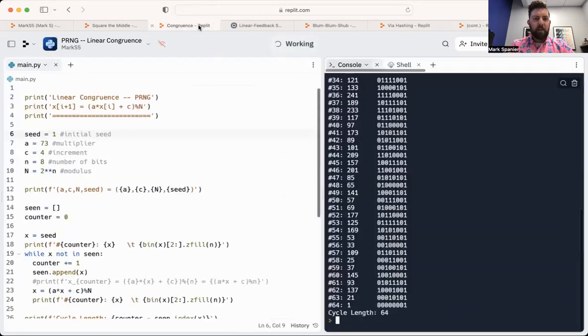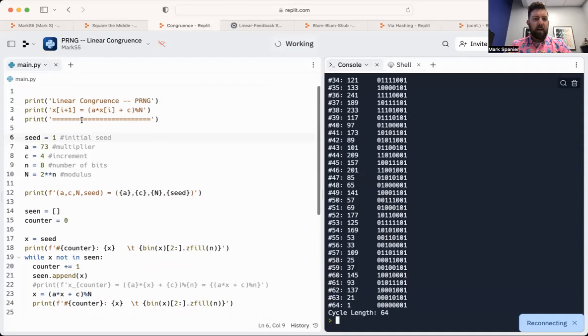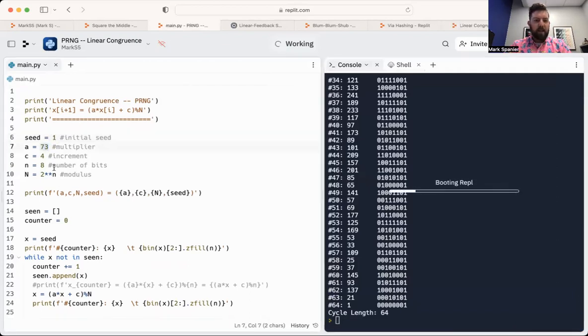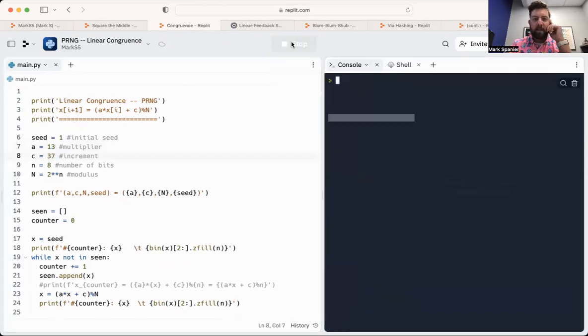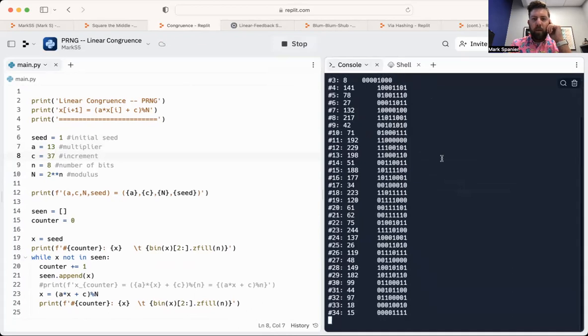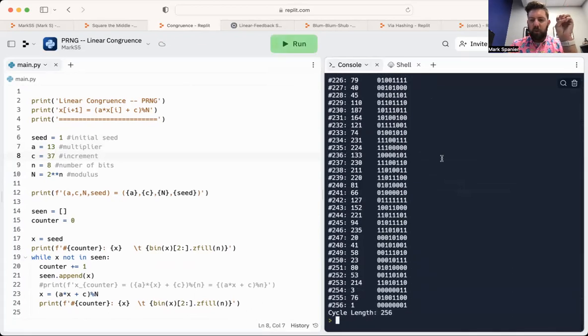If I go back to my linear congruence page, and change my seed to 1, and have this as 13 and this as 37, and run that, this one with a modulus of 256 actually has a full cycle length.